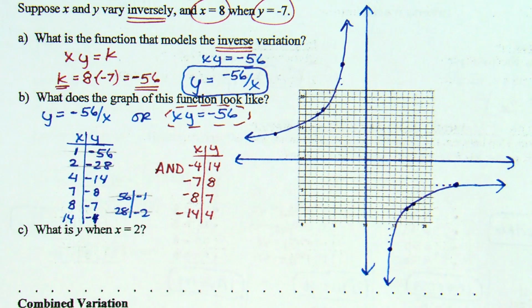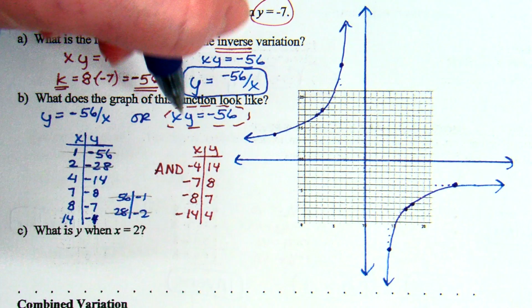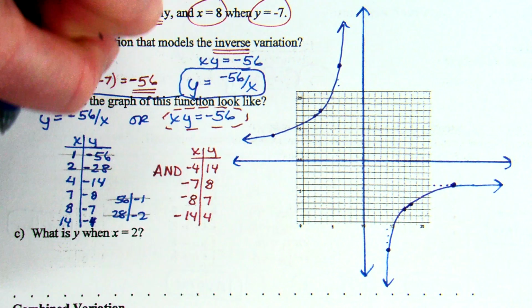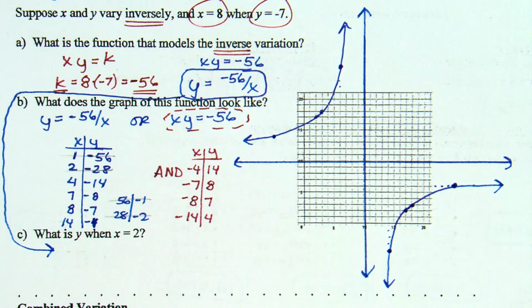What is y when x equals 2? How do we find this? Officially, what will always work is to put it into the equation, yes?